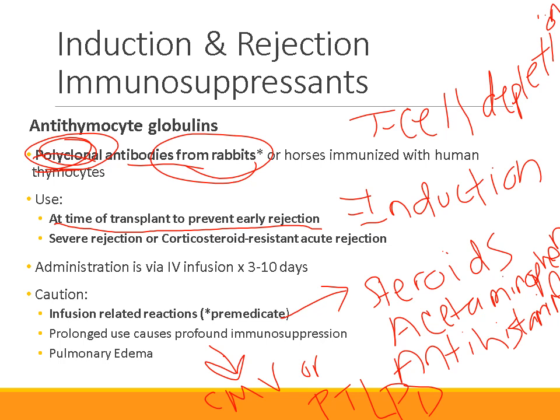So we can see more adverse effects with them. However, they are very inexpensive to produce. They're very, very cheap to produce. The monoclonal antibodies are more expensive to produce, but they are more selective in their effects.